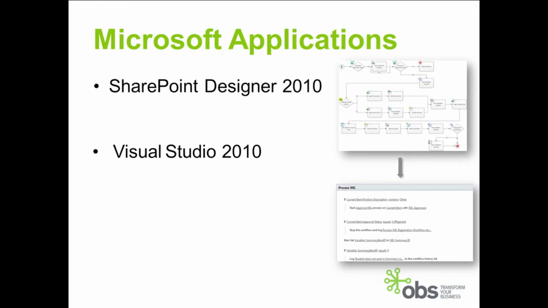Using that, you can start to get a decent way of automating business processes, and you can get some fairly complex workflows built using SharePoint Designer, although there are some limitations, and the number of activities that you can choose from is fairly low compared to some of the other things that are out there. You've got about 40 activities in SharePoint Designer 2010.